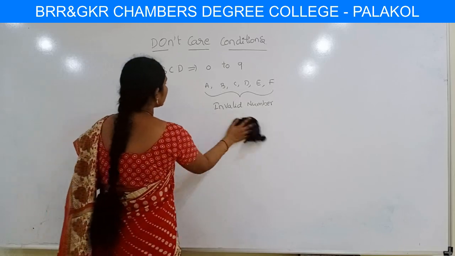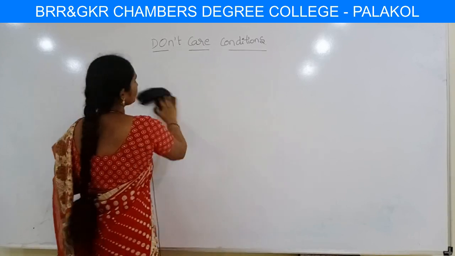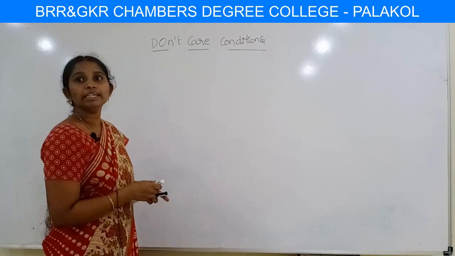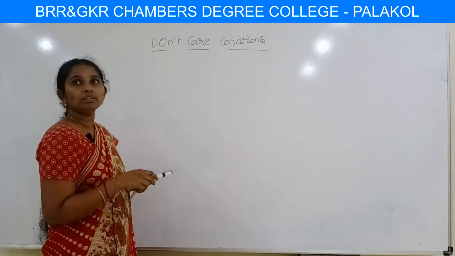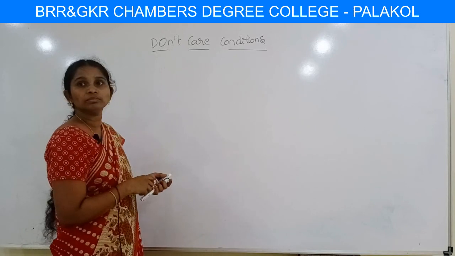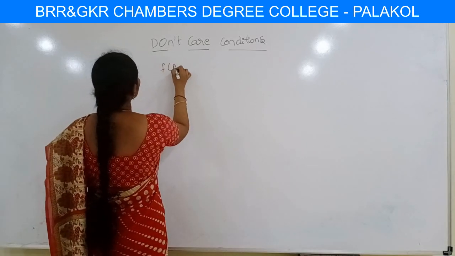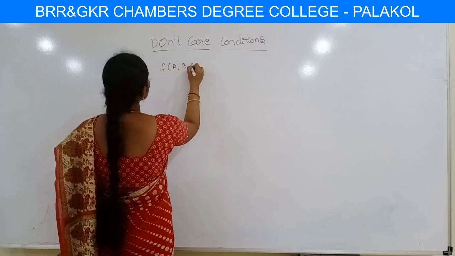So for example, I consider f of a, b, c, only a 3 variable K-map.